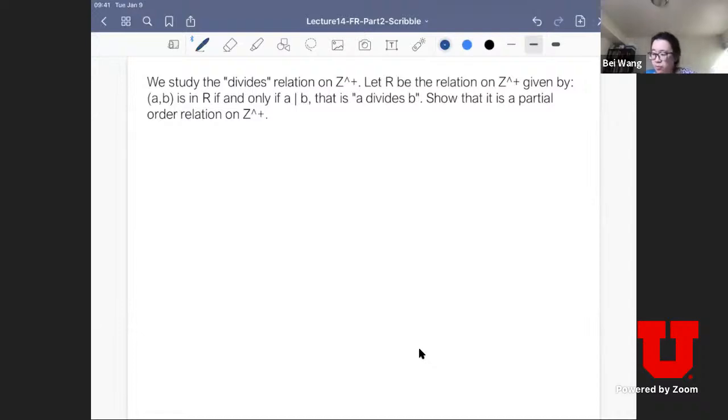So now let's look at a new problem. We start with the divides relation on positive integers. A pair of positive integers AB is in the relation if and only if A divides B, right?